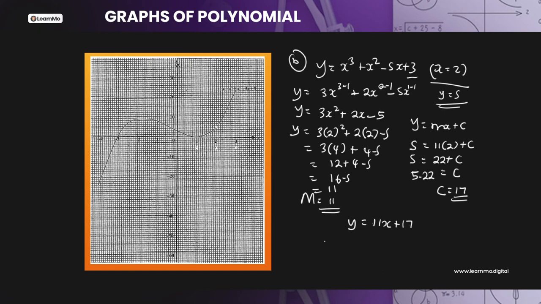So you can just say, therefore, the equation of the tangent at x is equal to 2 is y is equal to 11x minus 17.